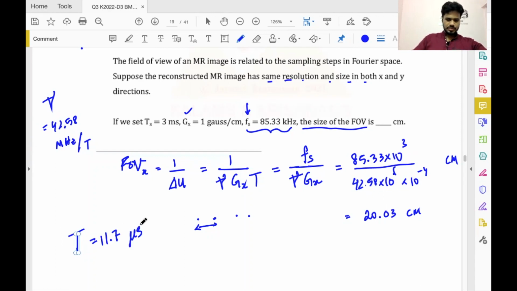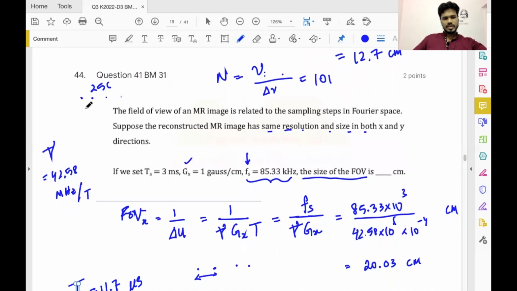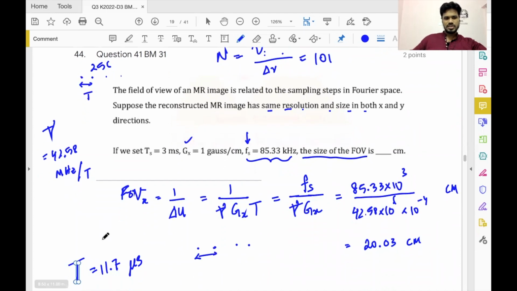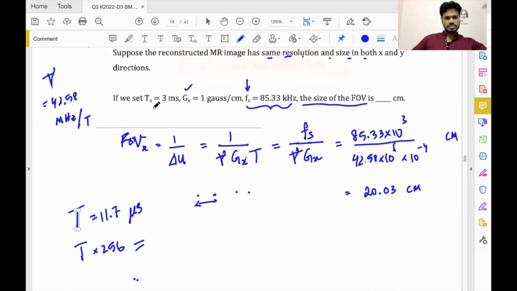Suppose this t times 256, which is the number of pixels in the x direction, the pixel size is not given here. If you multiply this distance between two points in the spatial domain by 256, it should give you the signal acquisition time. In fact, 11.7 microseconds times 256, what I have is 3.0 milliseconds.